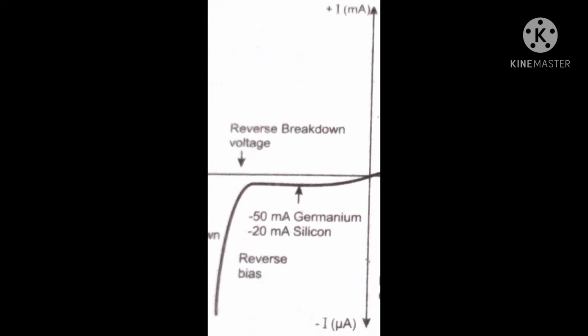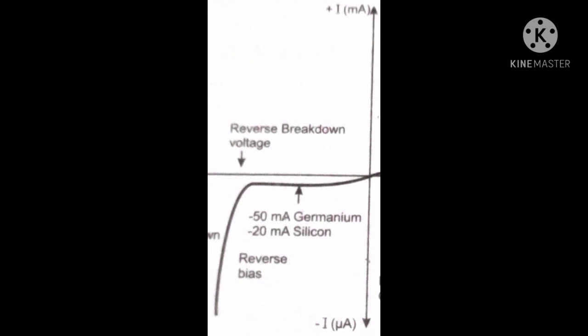This graph shows that initially a small leakage current, of the order of microamperes, flows through the diode. When the applied reverse voltage increases to a sufficiently large value, due to overheating of the PN junction, the current flowing through the junction suddenly increases.